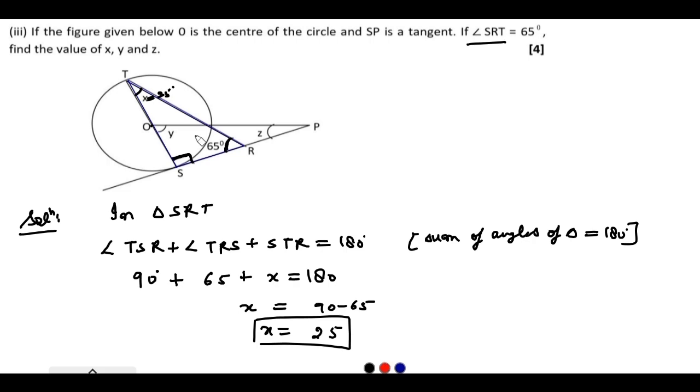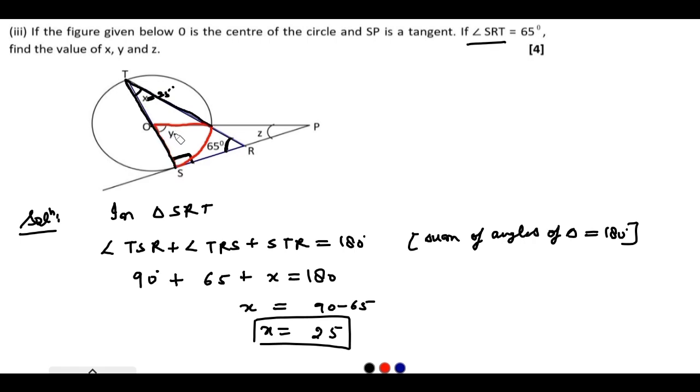Now look at this arc. The angle subtended at the center by this arc is y, and the angle subtended at the remaining circumference by this arc is x.